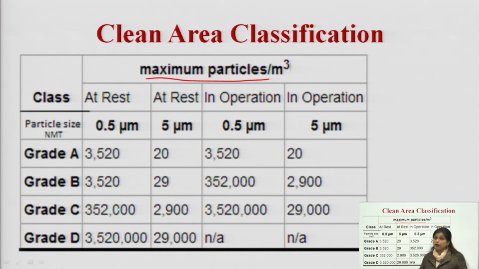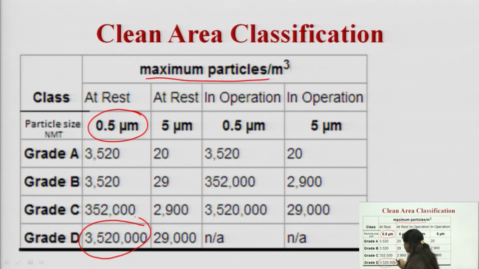If we look at the dust particle classification, for a dust particle of size 0.5 micrometer, you can see in grade D it is 3520000, meaning lakhs of particles can be there within grade D at 0.5 micrometer size.